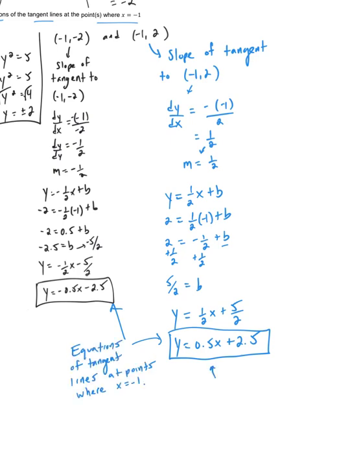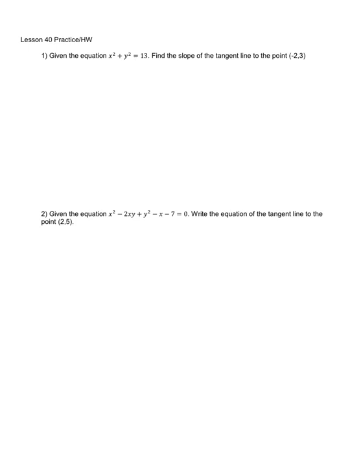The equation in blue is the tangent to (-1, 2), and then the equation in black was the tangent to (-1, -2). So go ahead and try out these practice problems just to get some practice in.